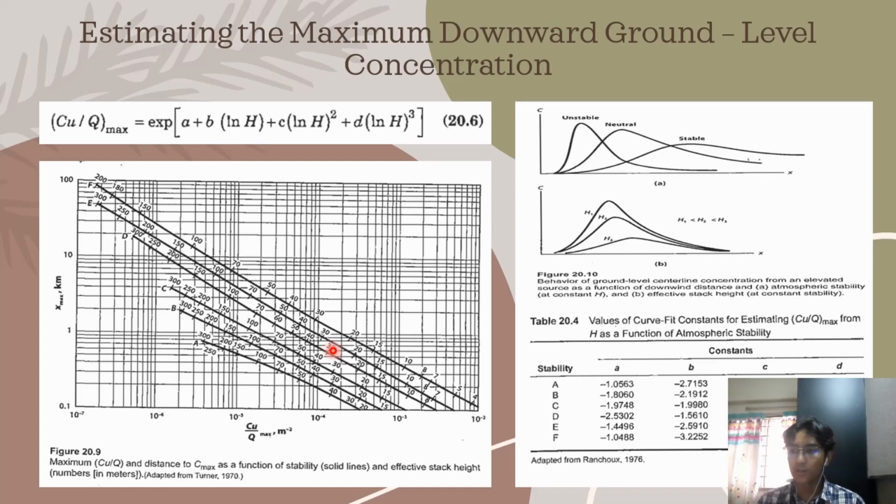Now notice that as stability changes from unstable to stable, Cmax decreases slightly with Xmax, while Xmax increases. Also, the region of relatively high concentration is much larger than in stable conditions. Now the plots in figure 20.9, if fit to a polynomial equation by Wen Chu in 1979, can be written as equation 20.6.